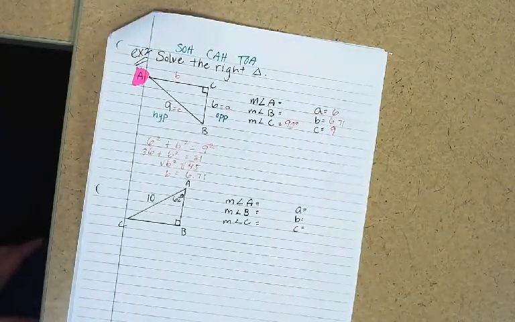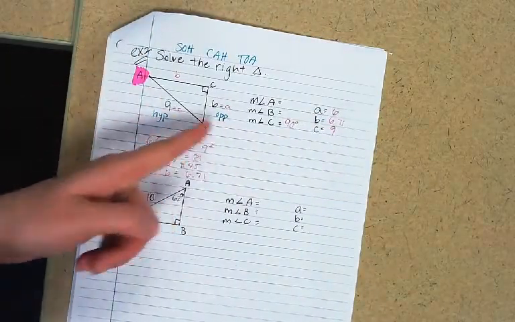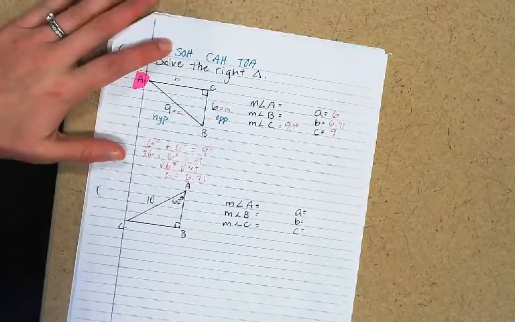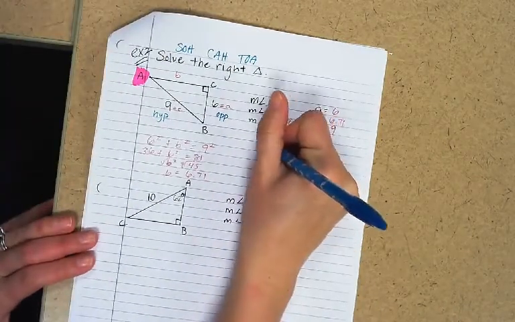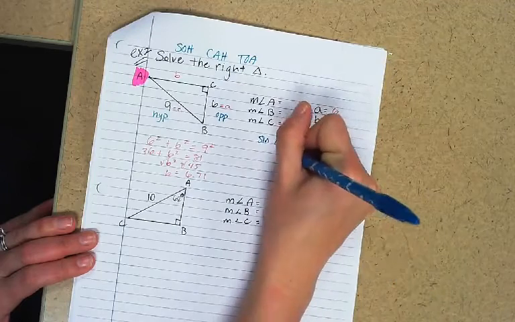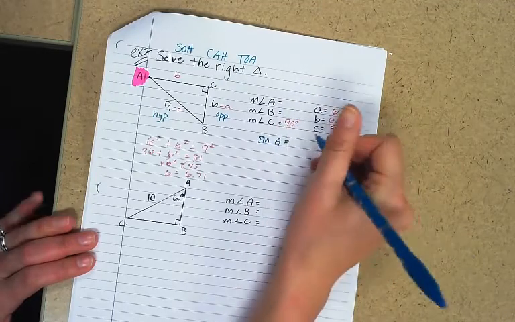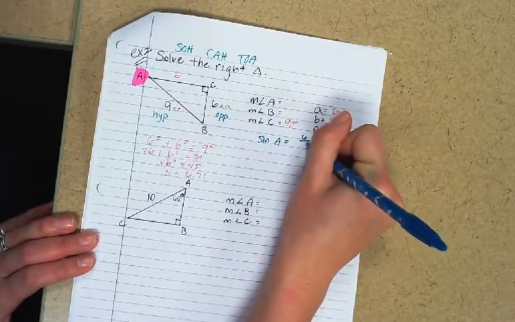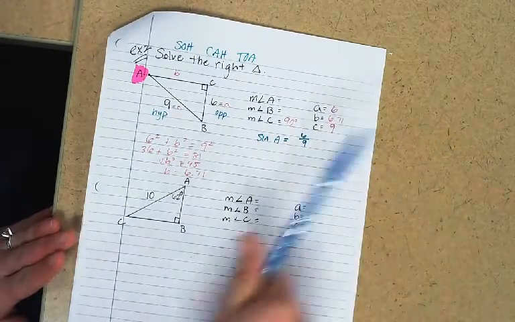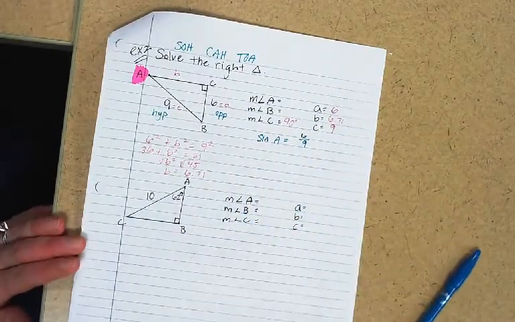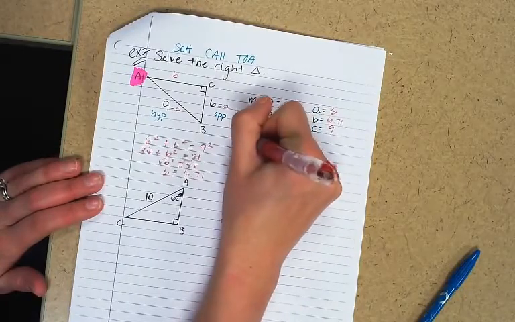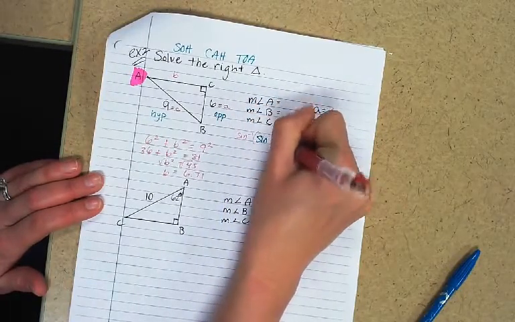So you have to decide, again, which trig function has the O and the H, and that's sine. So sine of angle A equals opposite over hypotenuse. We need to get A by itself, so we have to take the sine inverse of both sides.